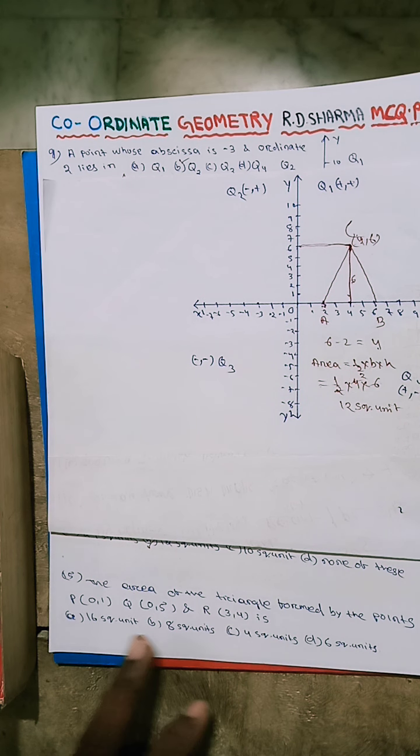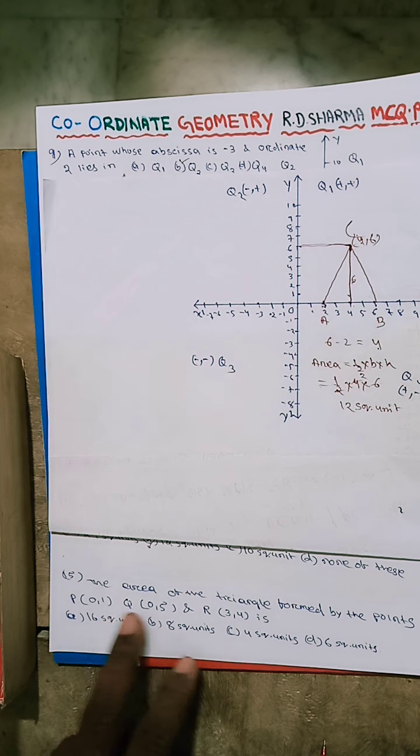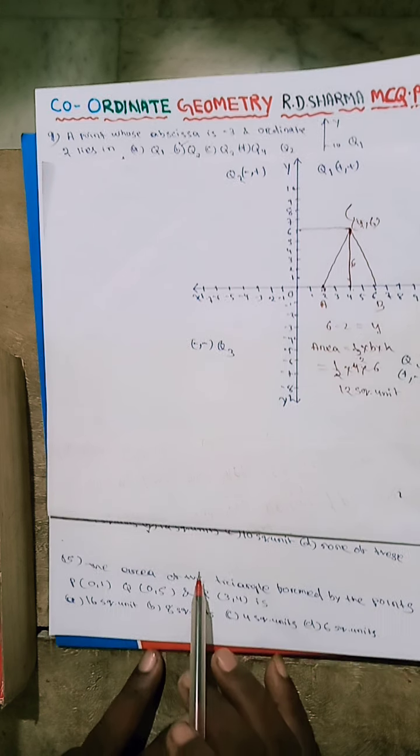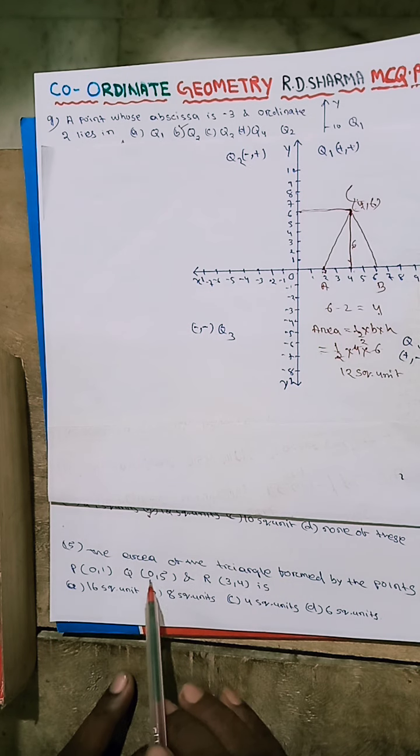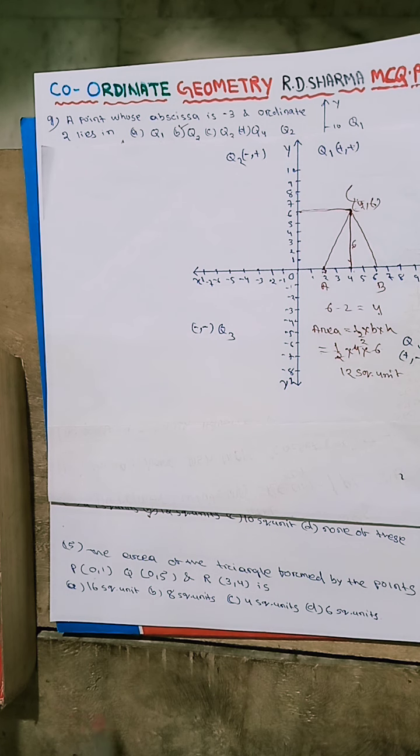First look at the points P and Q. The 2 points P and Q, abscissa same, x value same, 0. Abscissa same means the 2 points lie on the y-axis.